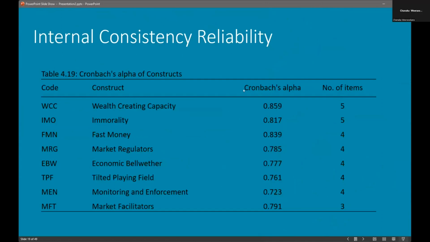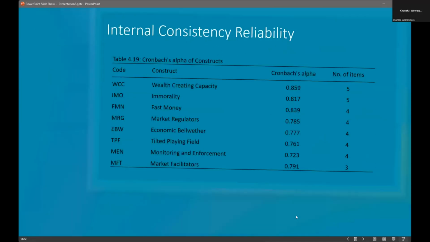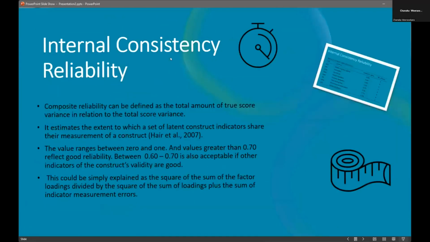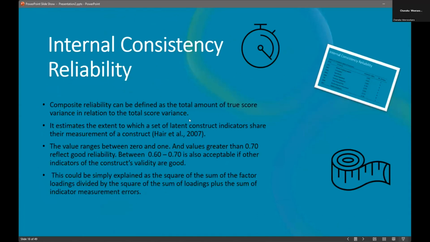You have to present your Cronbach alpha values for each and every variable, including independent, dependent, mediating, moderating, whatever variable you have, along with the number of items corresponding to each variable. So that is the minimum expectation from you under the reliability.